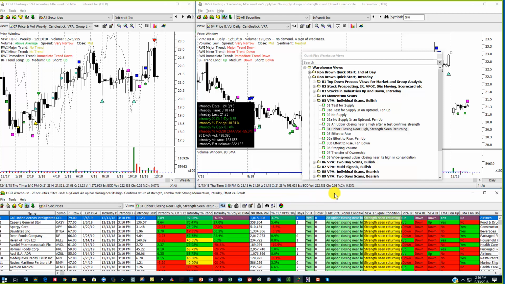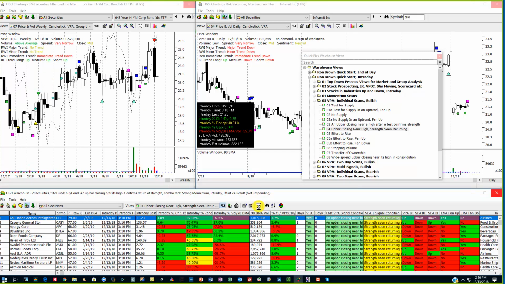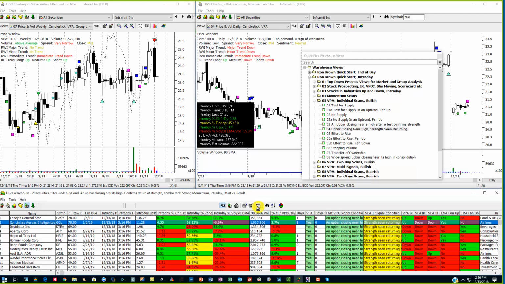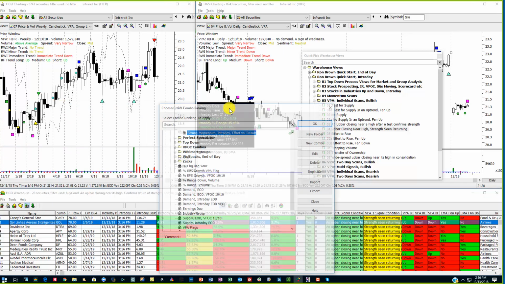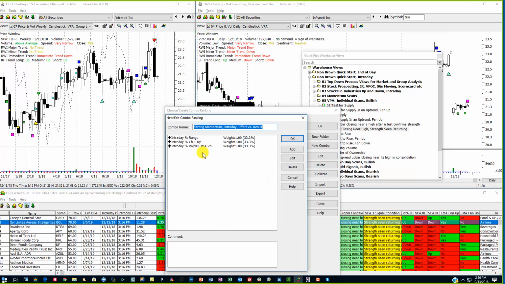Now, for those of you who may not know, and I think most of you do, but there may be a couple people on here that do not know what the combo does. I'm going to explain this intraday combo, which I use on all of my intraday files. I'm updating right now. This is something I call strong momentum intraday effort versus result. And it's very simple.